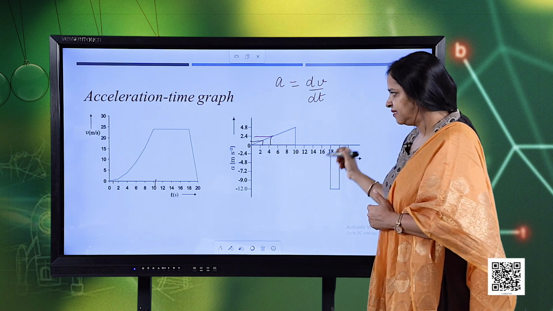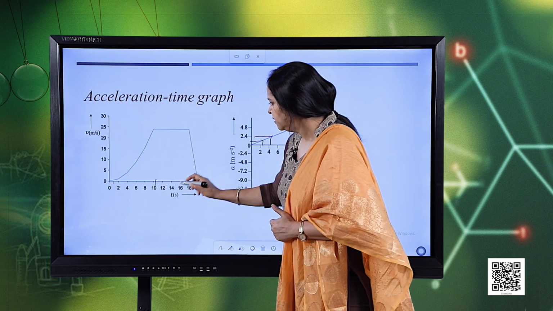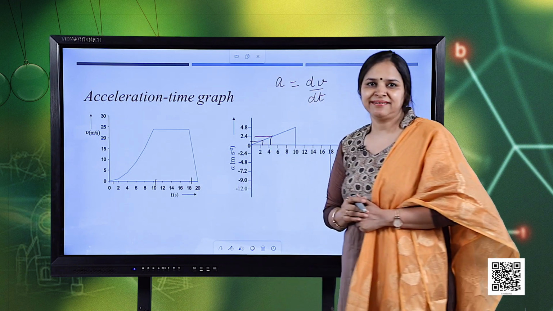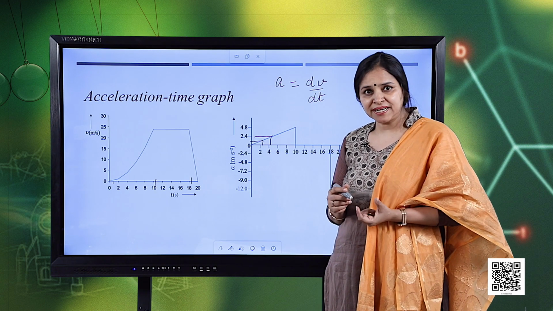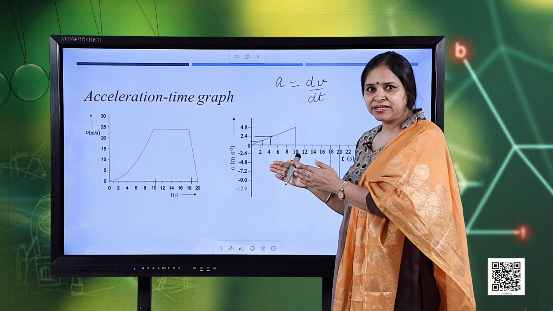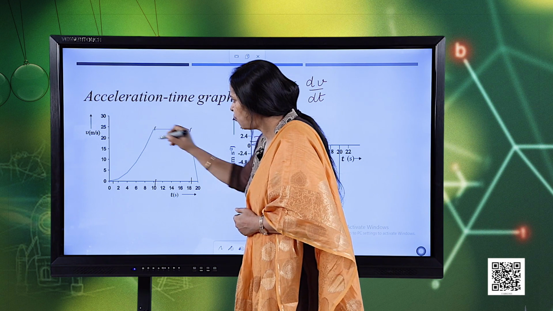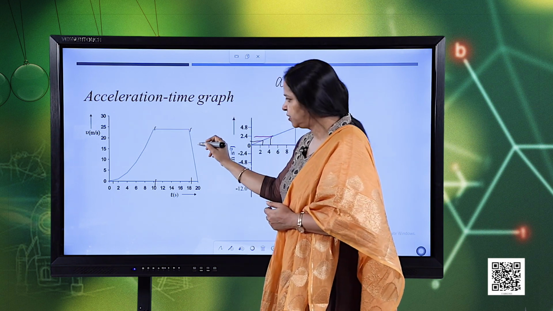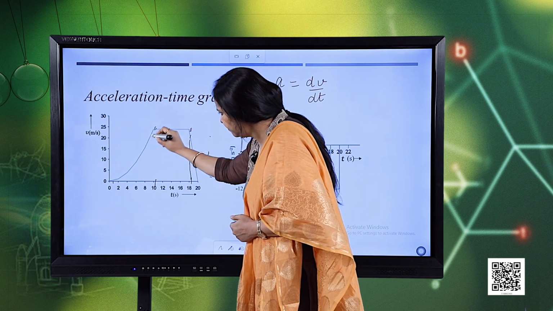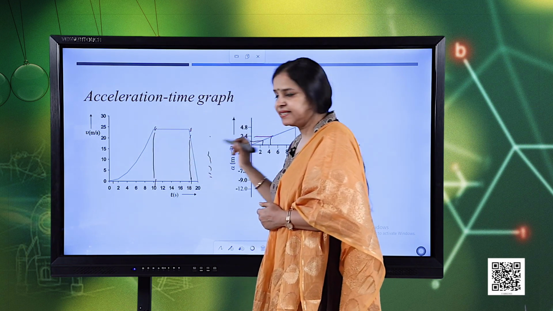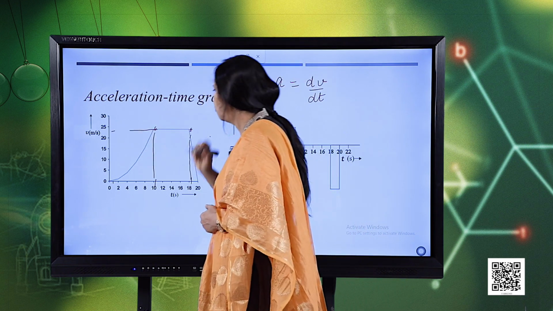Now, let us discuss the time duration between t equal to 10 to t equal to 18 second. Again we can find the average acceleration for this time duration. We just take 2 points, the initial and the final location, and drop the perpendicular on the time axis, between 10 to 18, and then again plot the perpendicular over here. What do we get?